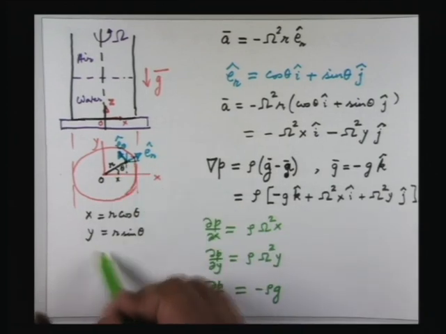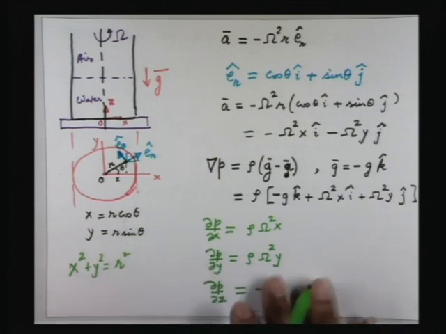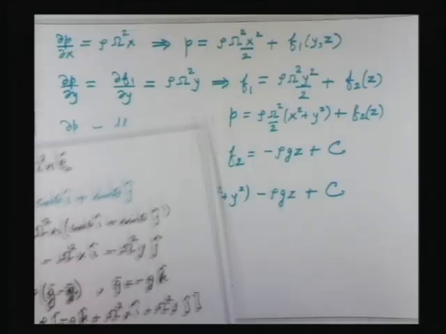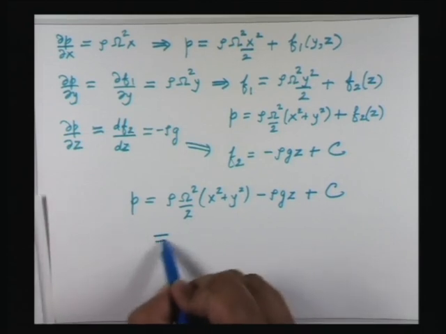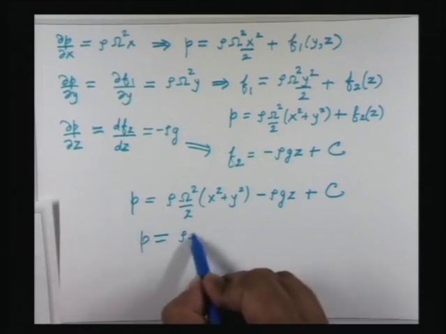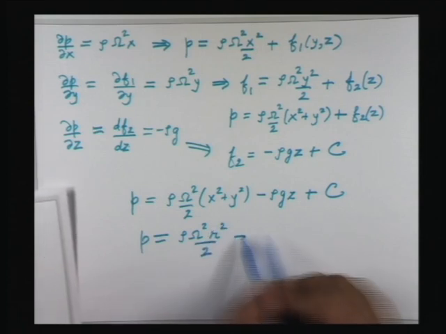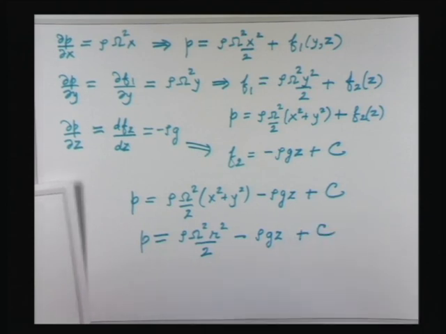From here also you can see, if I square x and y, it is r squared cos squared theta plus sin squared theta, which is 1. So you can come back here, and this is what you will find in most books, that p is equal to rho omega squared r squared by 2 minus rho gz plus c.